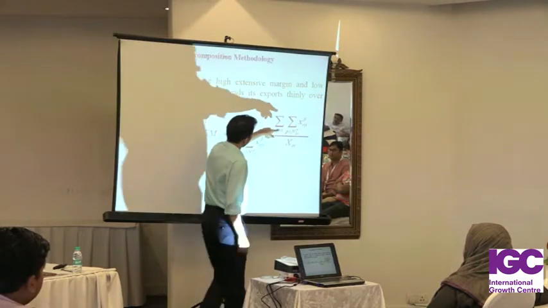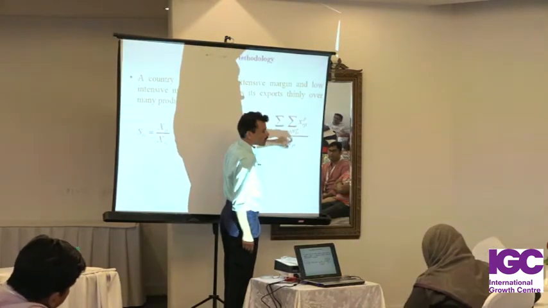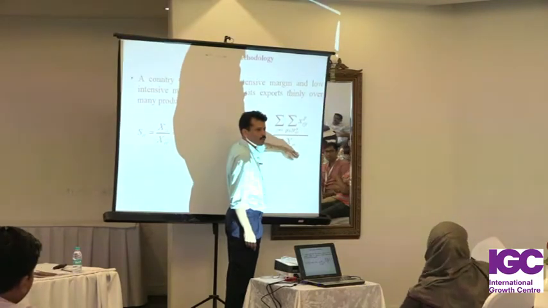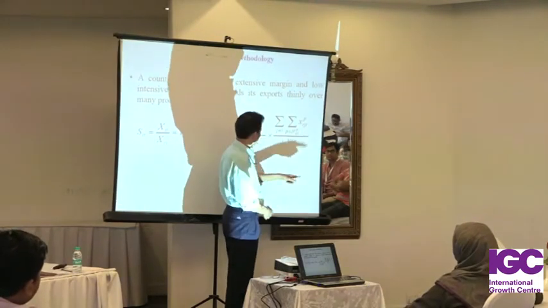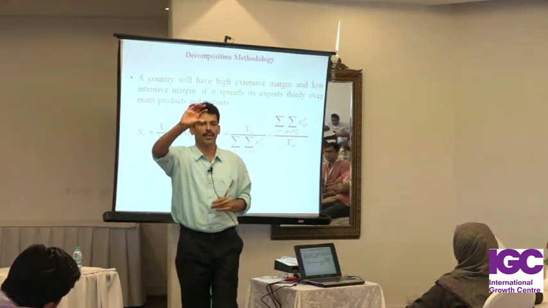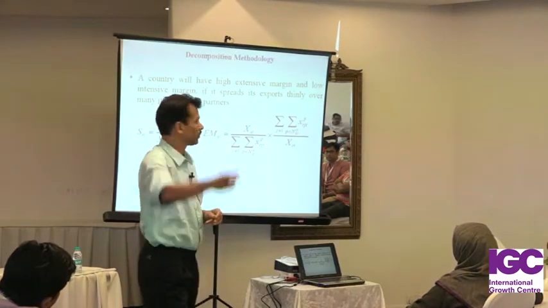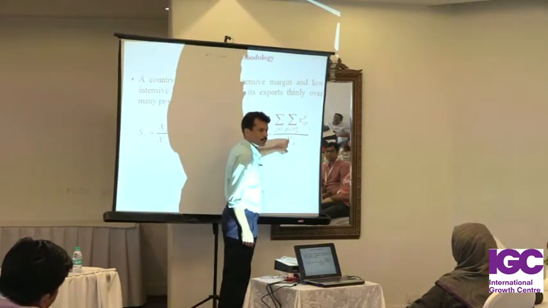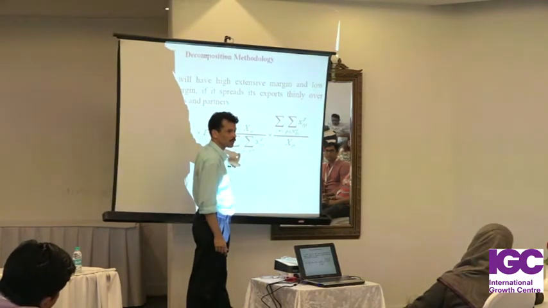Now, here both the denominator as well as the numerator represent the rest of the world. The denominator here is the aggregate rest of the world export, this X_RT represents the total rest of the world's export, and this is a subset of the rest of the world's export.